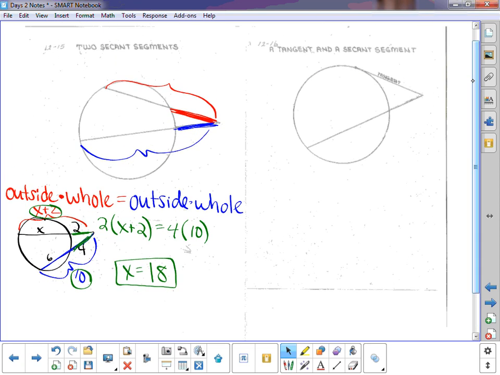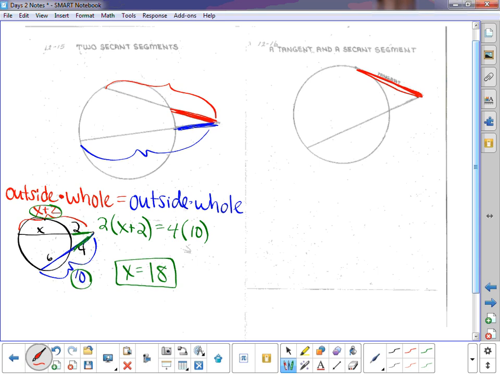Now let's take a look at this problem over here. It's again the same setup, but it simplifies down kind of nice. So we still do outside times whole equals outside times whole. For this segment, for this tangent, what is the outside piece? The whole tangent, right?